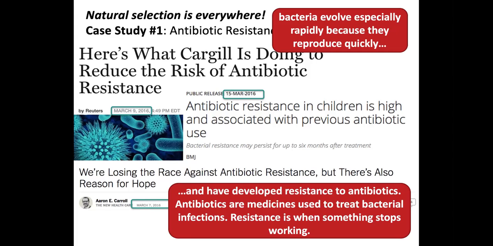So because they evolve, that is why they are able to reproduce so rapidly. So they, in turn, develop what is known as resistance. And they develop resistance especially to antibiotics.